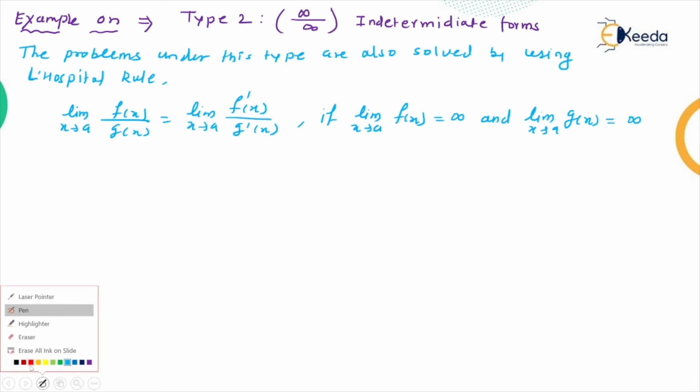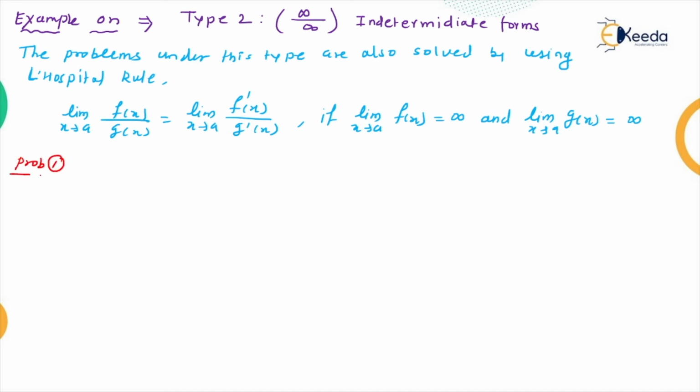Now let me start some examples on this type number two, infinity by infinity. Suppose I am taking problem number one. Evaluate the limit as x tends to infinity. In this type, in all examples, guys, the limit is given as x tends to infinity.